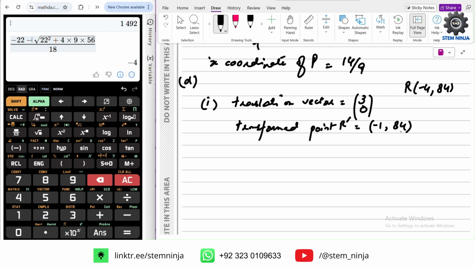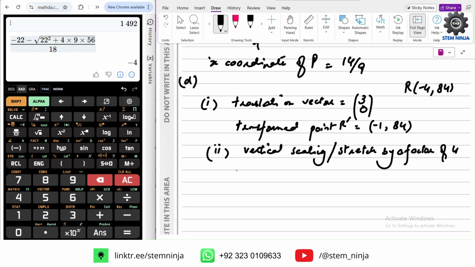And the other one would be a vertical scaling, or a stretch, by a factor of 4.